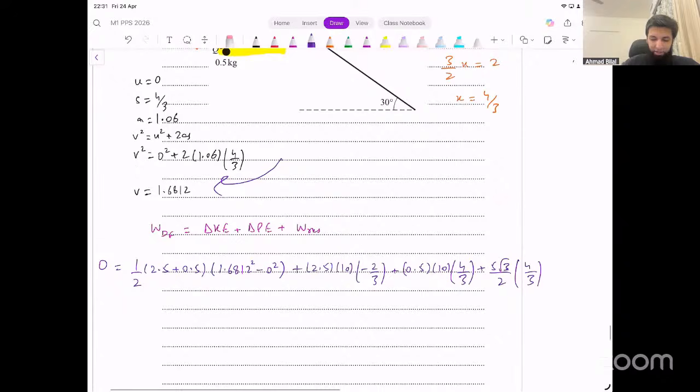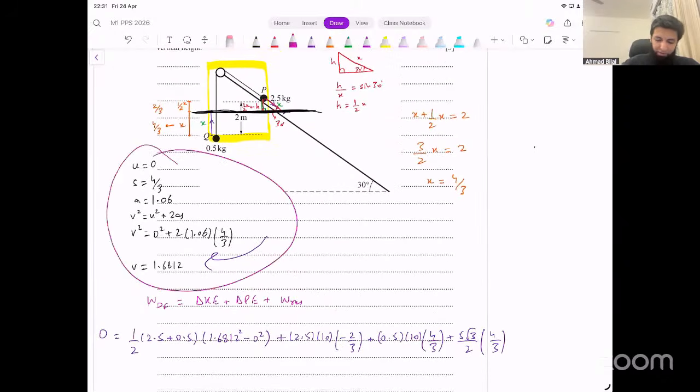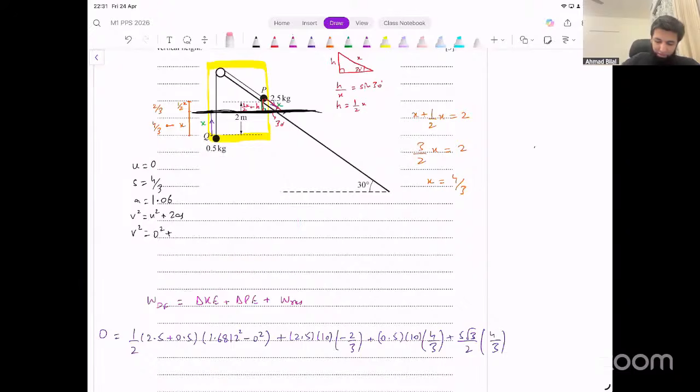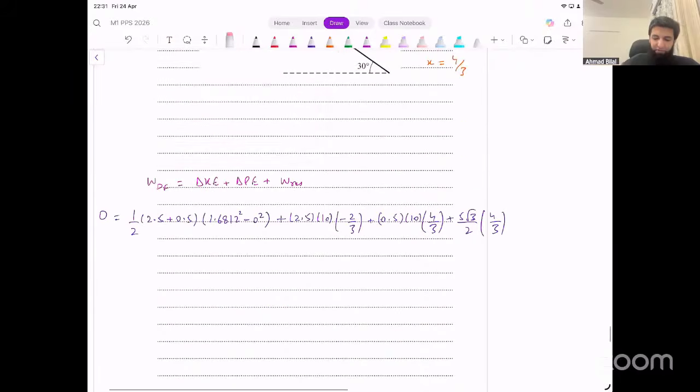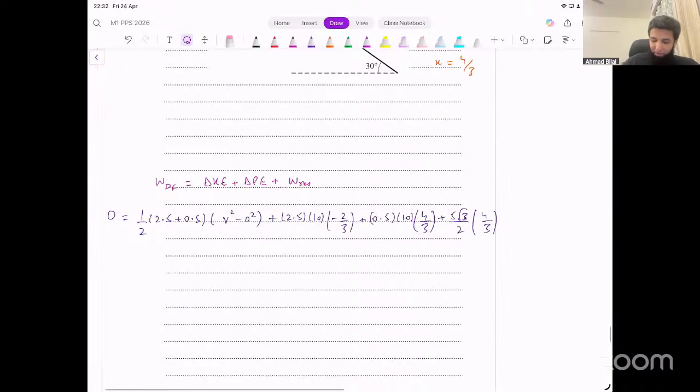What I did was I found the value for speed using this. We did not have to do that. They actually told us to use the energy method. This was not required. V is what we were looking for. We have to find the value for V because in that whole equation, there was nothing unknown. We had already found the value for V from that other method.